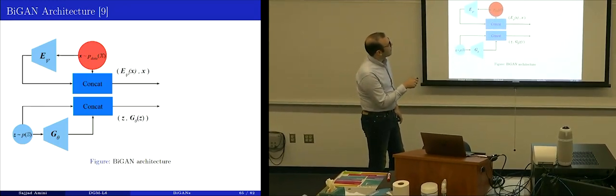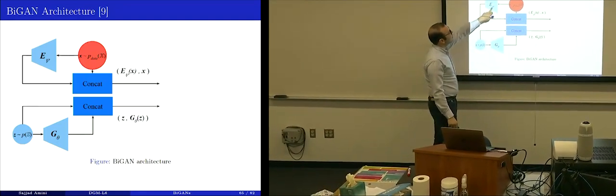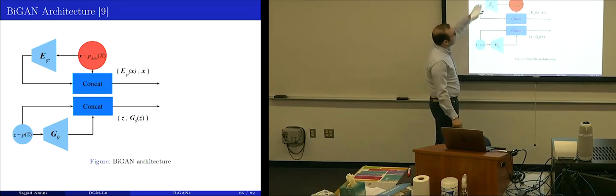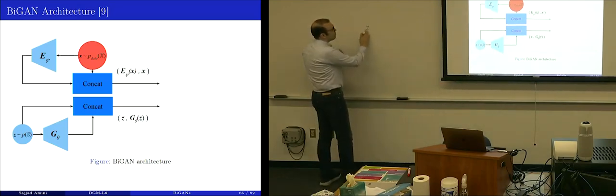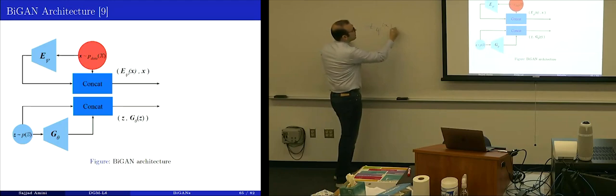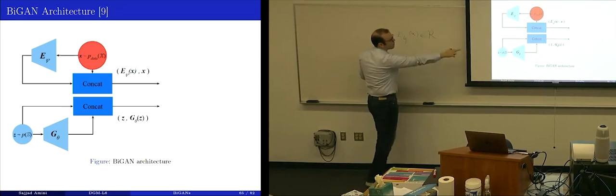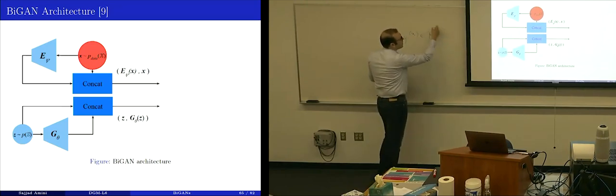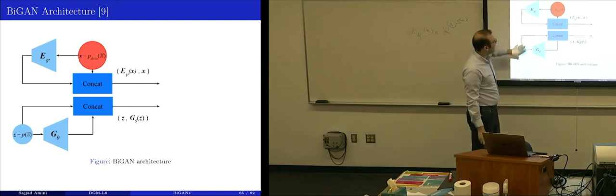First, I pass the x through a new neural network, E psi of x. The E psi of x is in R^n, the dimension of z. It means that it generates a vector of exactly the same dimension as z.